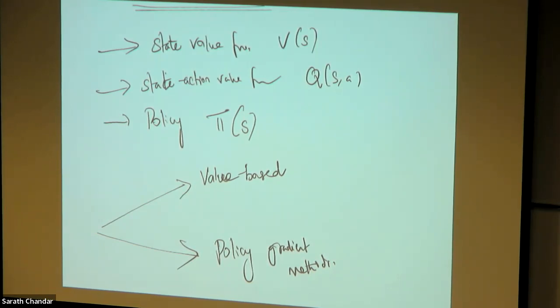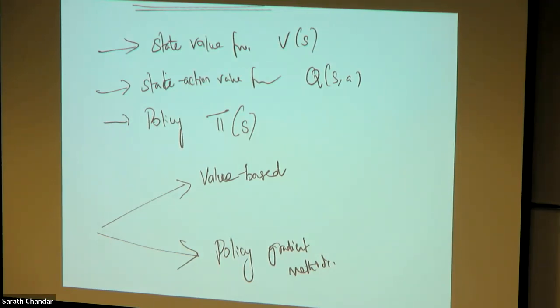Value-based methods solve the problem in value space, they search over value space. However, policy-based methods are going to search over the policy space. Even though they are solving the same problem, you are searching for the solution in two different spaces.